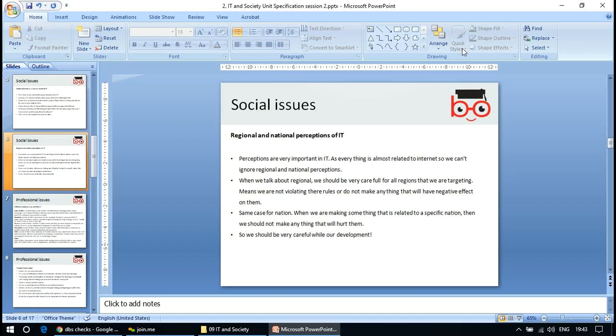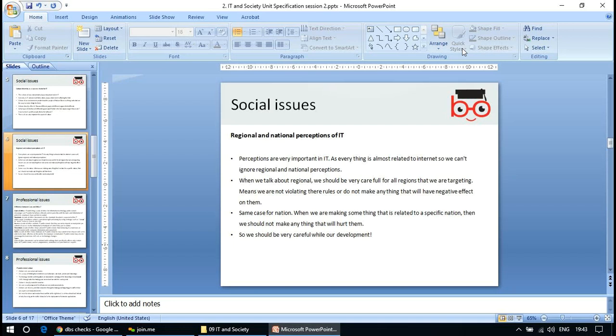When we talk about regional, we should be very careful for all regions that we are targeting, meaning we are not violating these rules or making anything that will have a negative effect on them. Same case for a nation. When we are making something related to a specific nation, we should not make anything that will hurt them. So we should be very careful during our development.